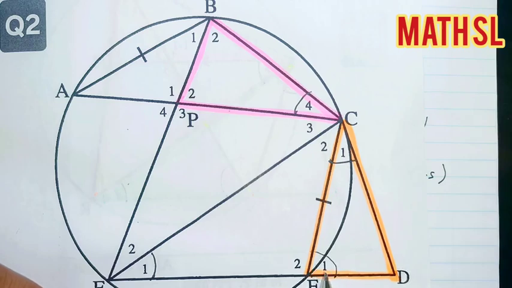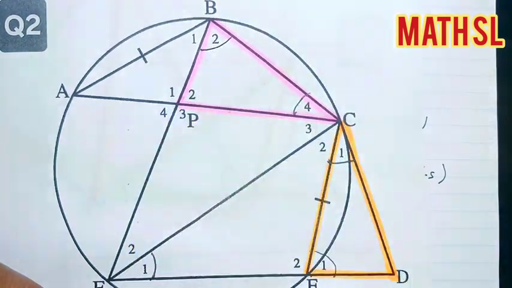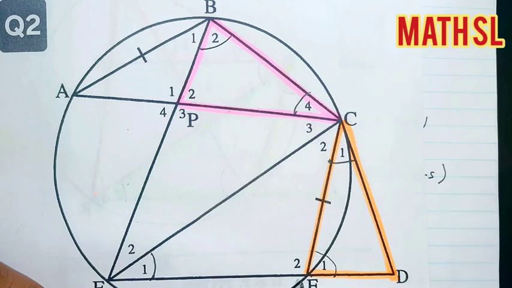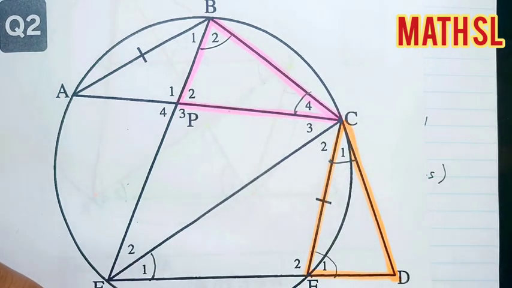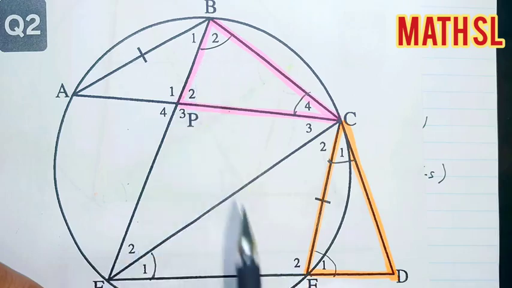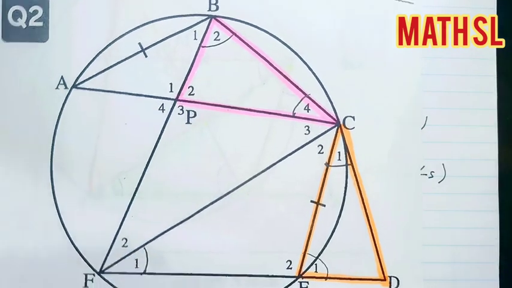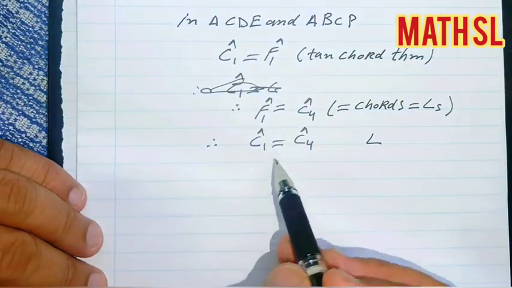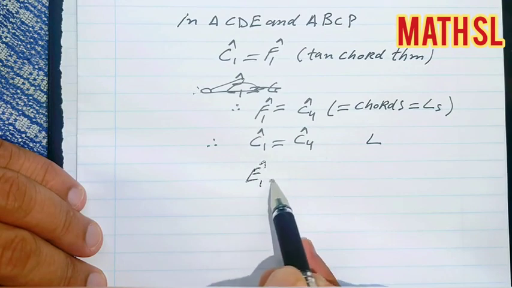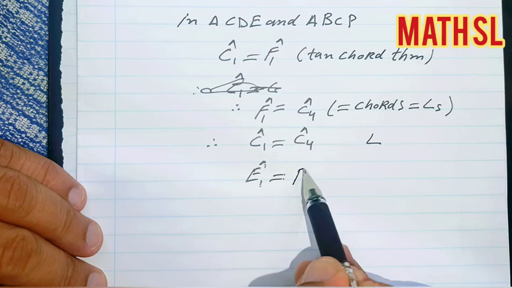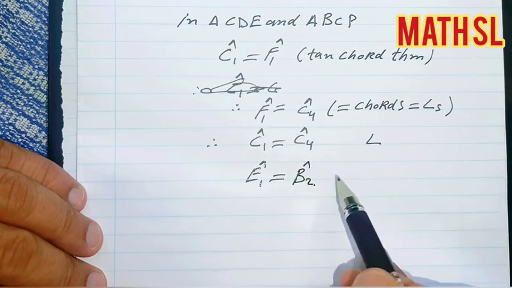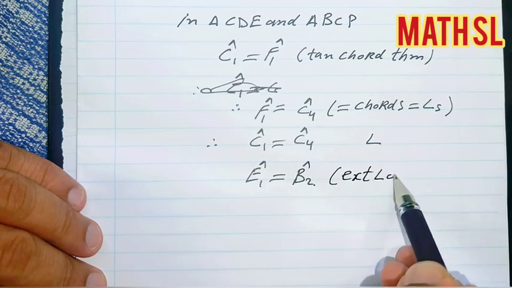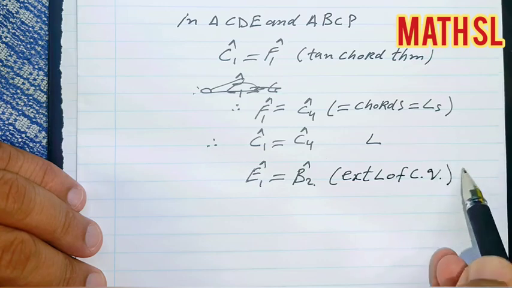E1 is going to be equal to B2, because the exterior angle of a cyclic quadrilateral is equal to the opposite interior angle. This is my second angle.